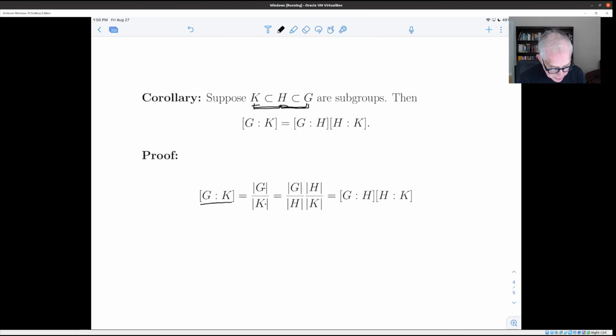And then you can insert an order of H, because the H's would cancel. And then Lagrange's theorem again tells you the order of G over the order of H is the index, and the order of H over the order of K is the index.